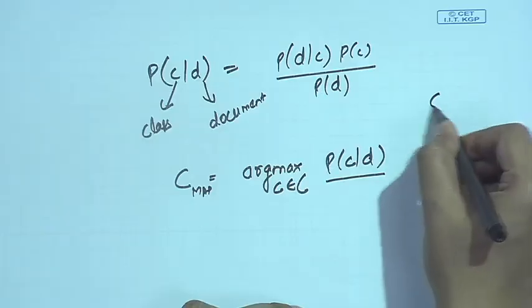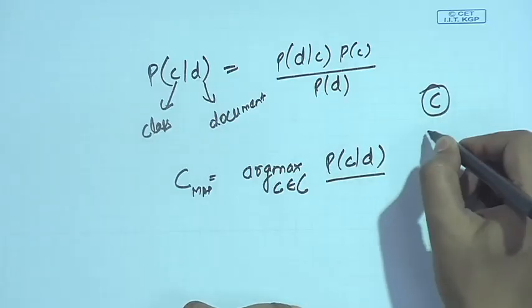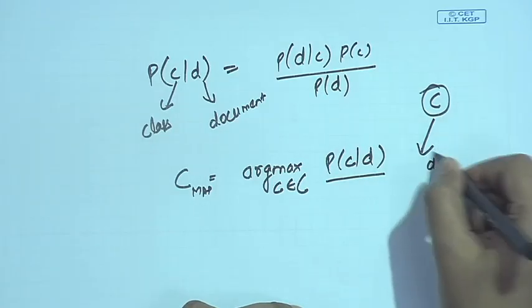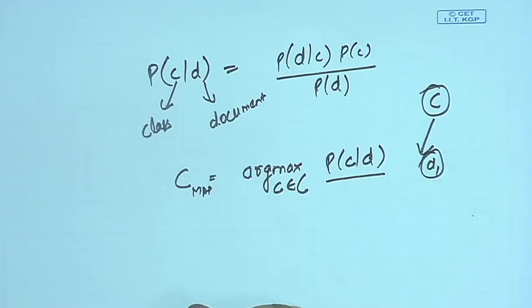What is the naive Bayes model? If you remember, we talked about two different families of models: generative models and discriminative models. Naive Bayes is a kind of generative model. It says that you have the class first and then you generate documents for the class. So you have the class C and then you generate the document D from this class.